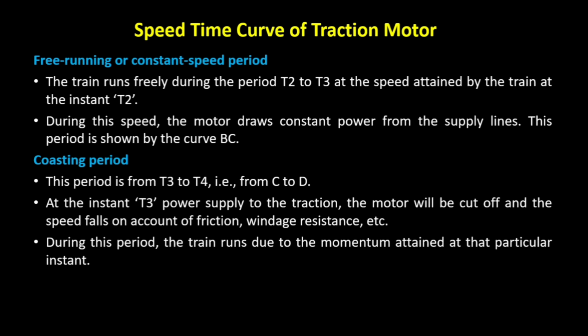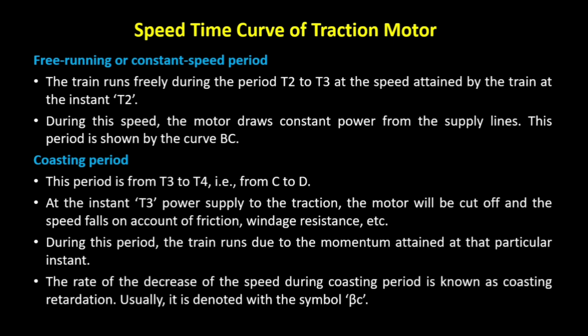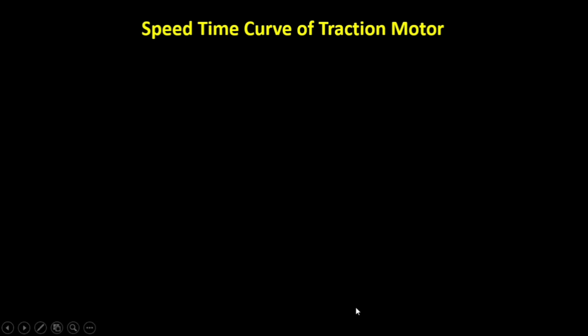The train keeps moving because of its own momentum. This retardation or deceleration is indicated by the symbol beta, beta C, for coasting.